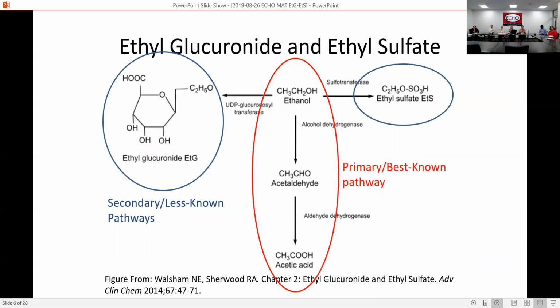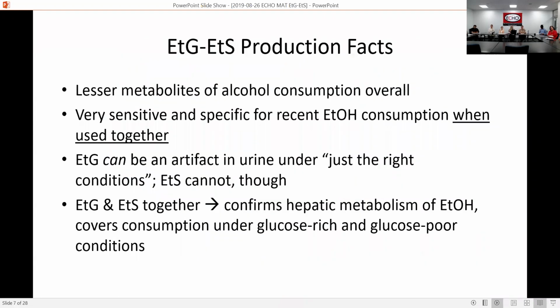So ethyl glucuronide and ethyl sulfate fall into that second category and end up giving us some benefits in the process. So the production facts, these are considered lesser metabolites of alcohol. In most cases, you're going to have more acetaldehyde and acetate that's produced, but we can be sensitive enough in our detections now that we can make this a reliable test most of the time.